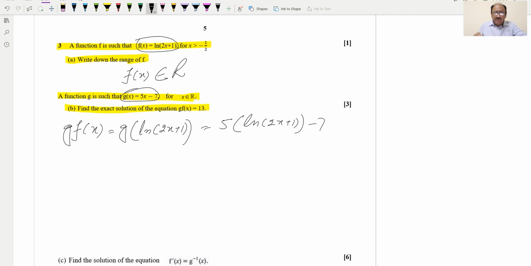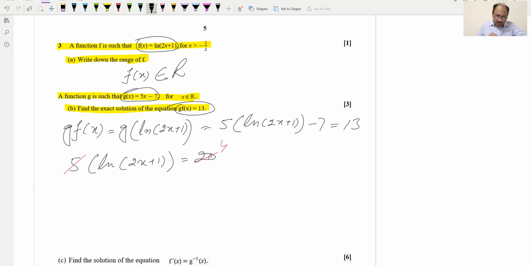Now it is given that this is equal to 13, so we can equate it to 13. Now we can shift this minus 7 to the other side, and this will result in 5 log of 2x plus 1 equal to 13 plus 7, which is 20, and 5 also we can shift to the other side, or we can cancel, this will be 4.